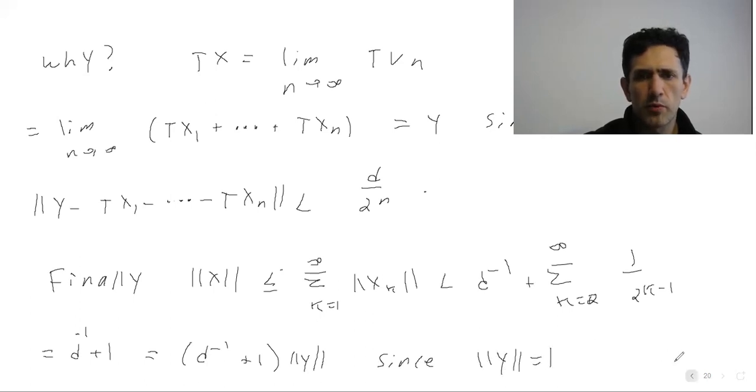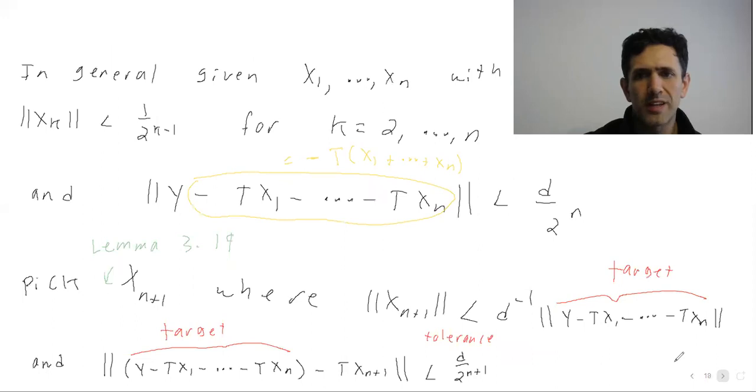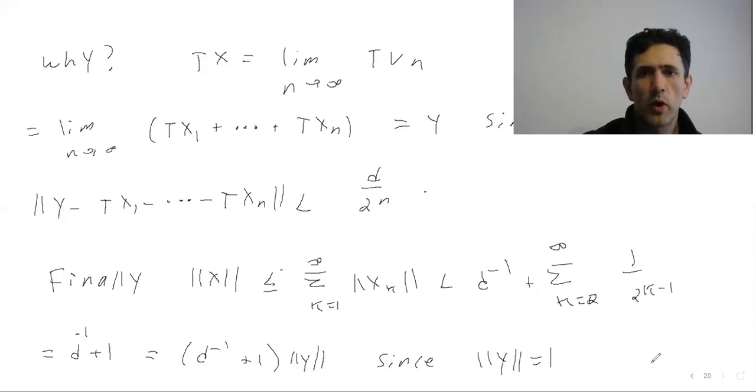Okay. So what have we proved? We've proved that given any y with norm 1, there exists an x where y equals Tx, and the norm of x is less than or equal to d to the minus 1 plus 1, which is just like my new d to the minus 1, essentially, times the norm of y.